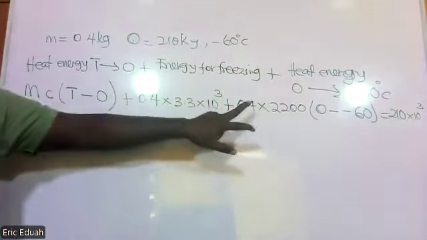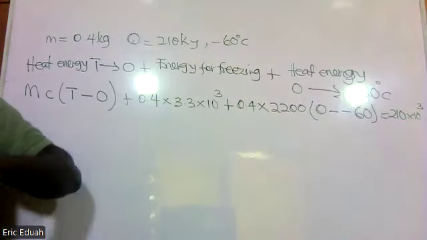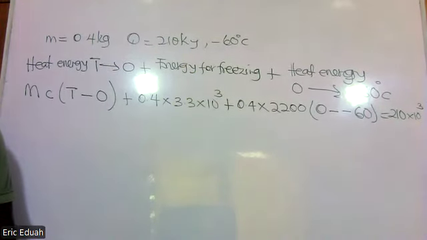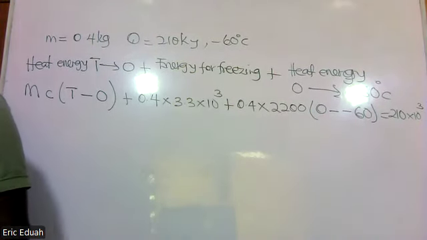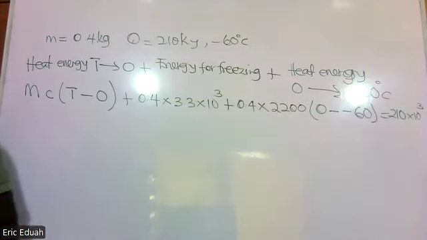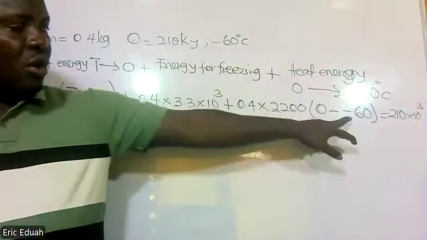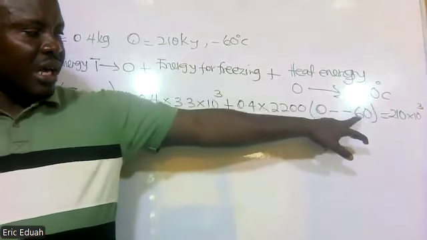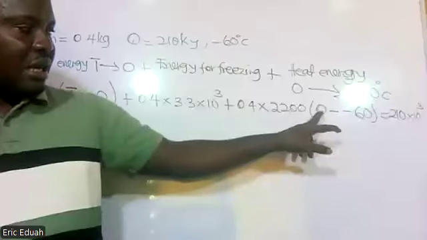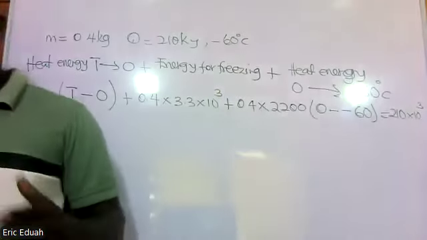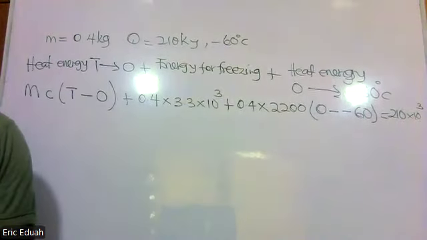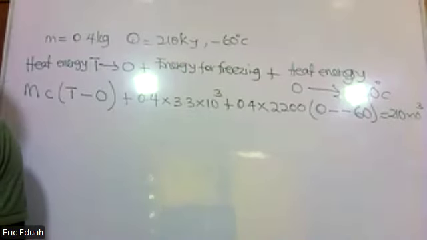And so if you compare 0 and -60, which one is greater? 0. So we are treating the change in temperature to always be positive. So we are not going to subtract 0 from -60, but rather -60 from 0, because the change in temperature must always be positive. Are you okay? Okay.